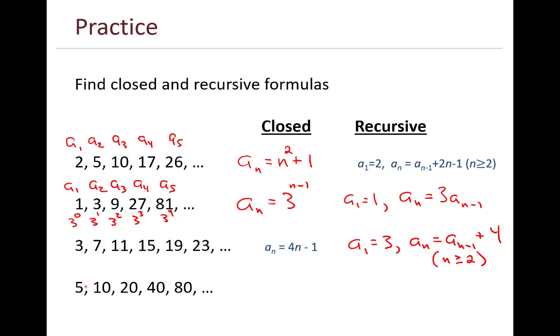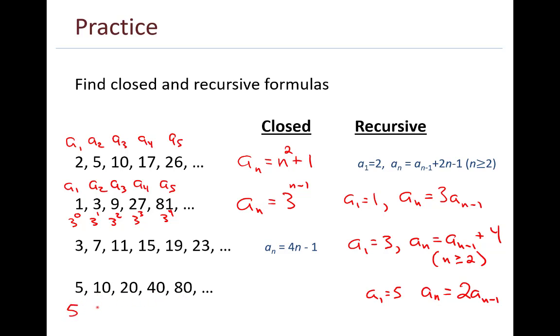All right, this last sequence, everything is doubling. So once again, the recursive might be easier. A sub 1 equals 5. A sub n is twice the previous, 2 times a sub n minus 1. But what about the explicit formula? What if I pull out factors of 5?